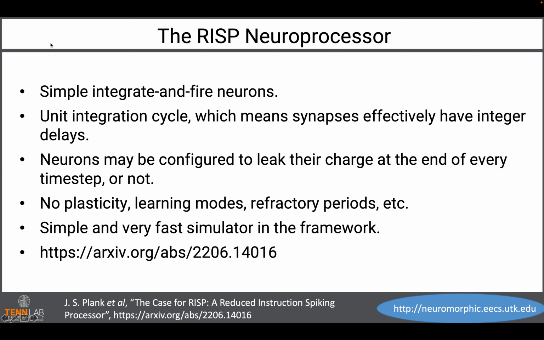So if they don't fire, they leak all of their charge. You can configure them not to leak, which means they will hold their charge values indefinitely until the charge accumulates enough so that it fires. There's no plasticity, etc. It's very simple. The simulator is really fast, and there's documentation about RISP there in those URLs.